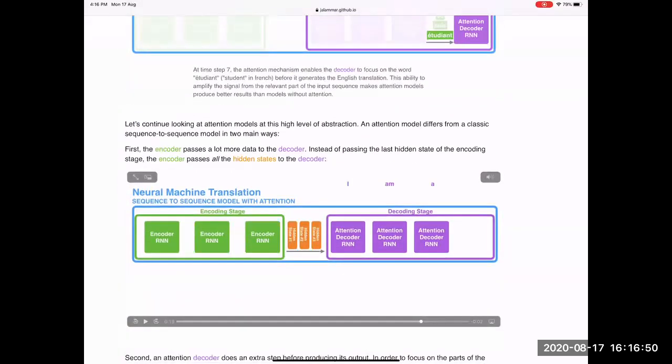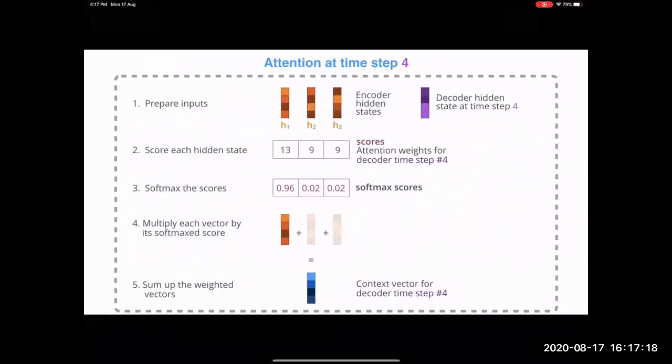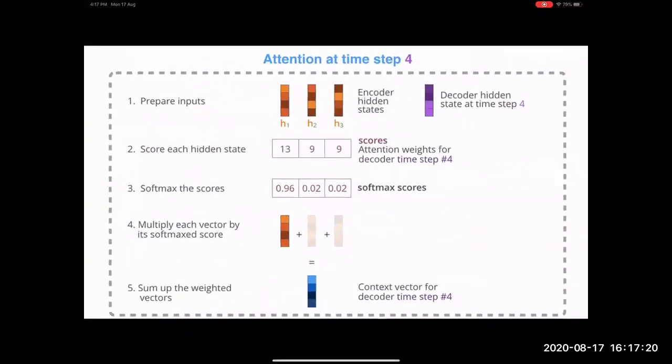All of them are actually getting these 3 things, and they are fixed. They are not changing. These orange things are fixed and being given to the attention decoder. And all of them are actually the same attention decoder, just the unrolling of the same RNN. But what is changing is its own hidden state at every time step. That's why it's shown in purple color over here.